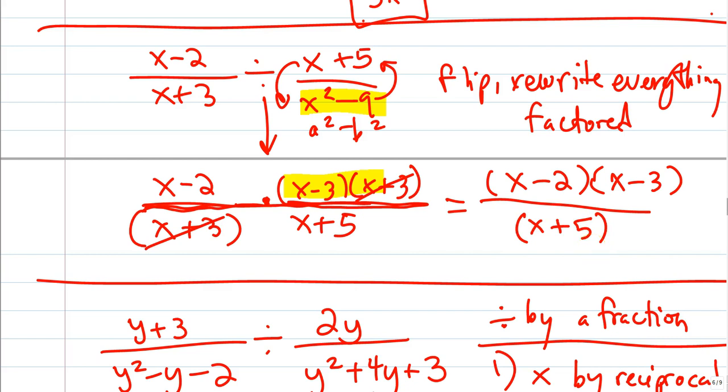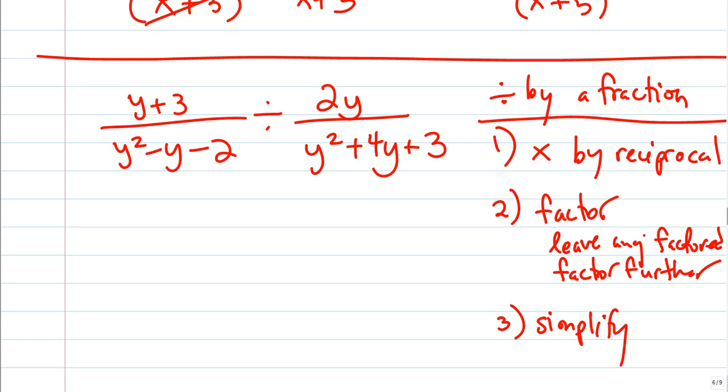Scooting this down. How are we going to divide by this? We're going to multiply by the reciprocal. I encourage you to factor while you do that. Leave anything factored, factor anything further. So as we do this, I'm not going to just rewrite this. Yes, the first one stays the same, y plus 3 over y squared minus y minus 2.